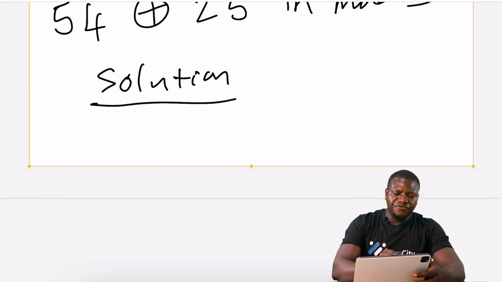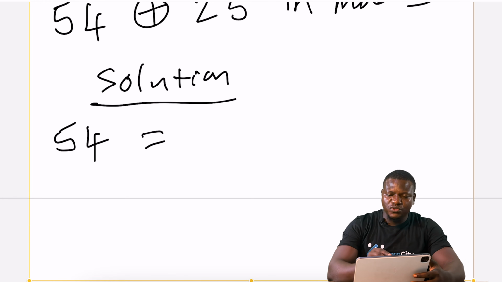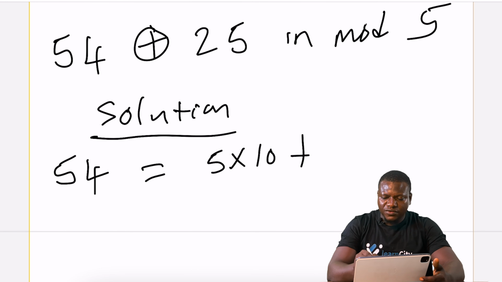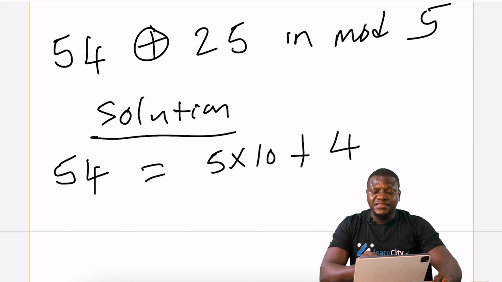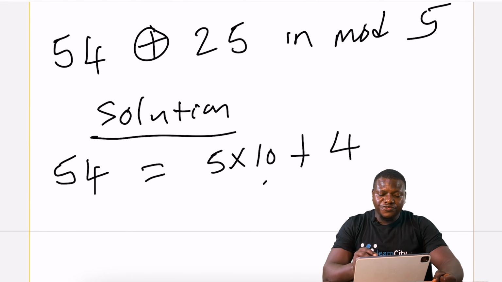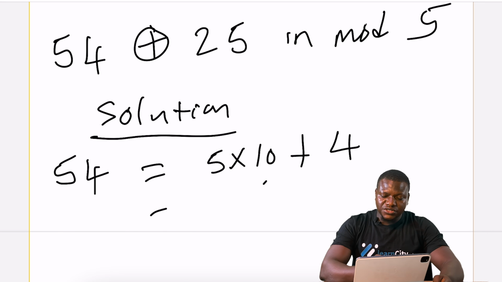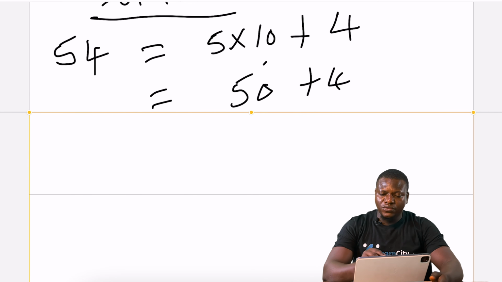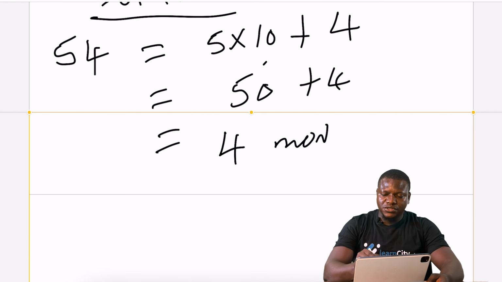What is our 54 in modulo 5? It is 5 multiplied by 10 plus 4. 5 multiplied by 10 is 50, and 50 plus 4 is 54. Remember, 50 is a multiple of 5, which is the modulo we are working in, so we forgo 50 and have 4 mod 5.